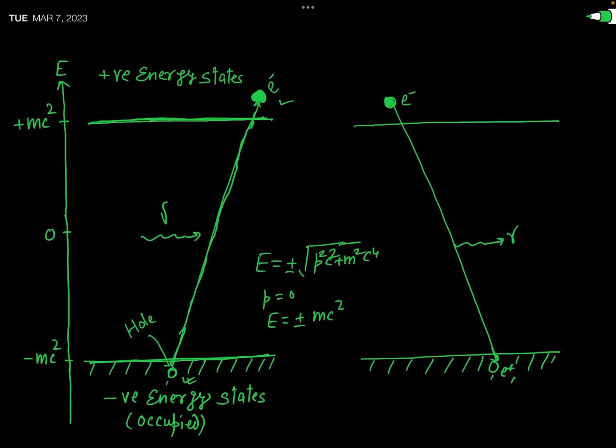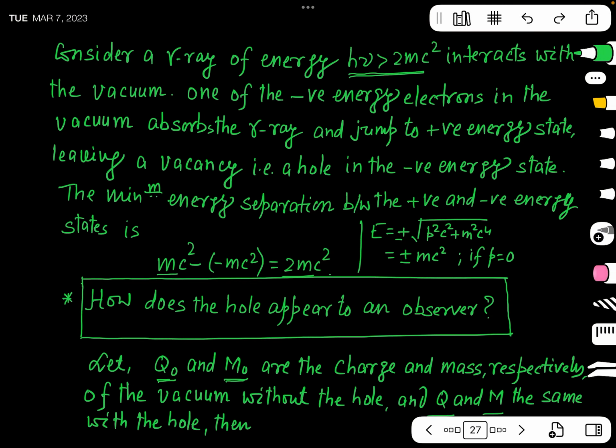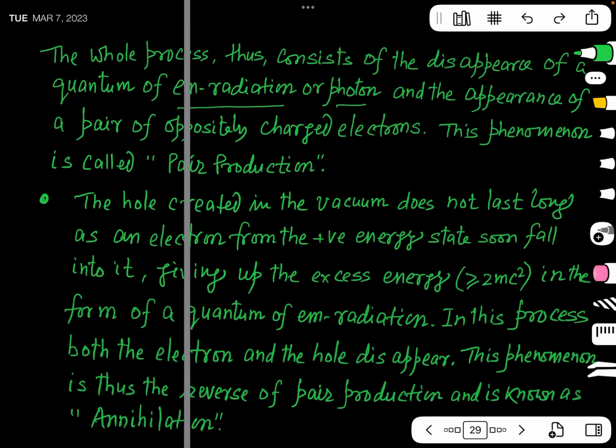Just like a particle exists, if a particle exists, definitely there will be an antiparticle which will also exist. So this Dirac theory actually predicts the phenomenon of pair production. In a pair, one is a particle and the other is an antiparticle.